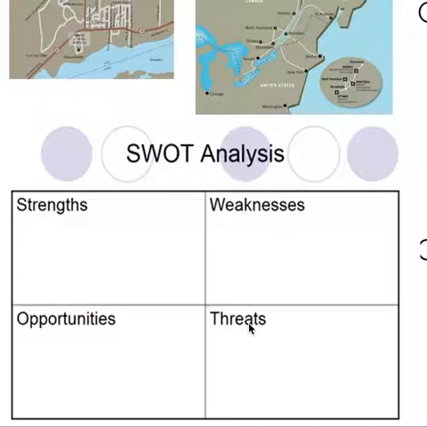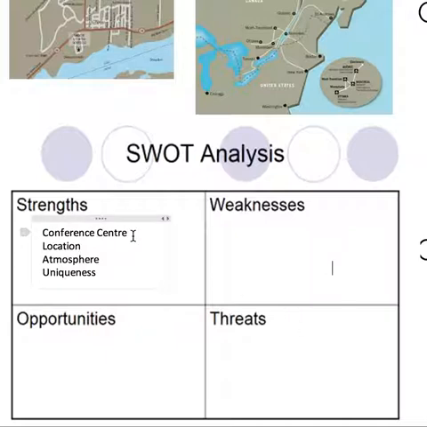So, how did I write my SWOT? Well, I decided to grab everything that I could get for strengths, and I've grouped them there as 4. There's obviously a lot more than 4, but I like the fact that they've got a new conference center. That's important. The location is also important.